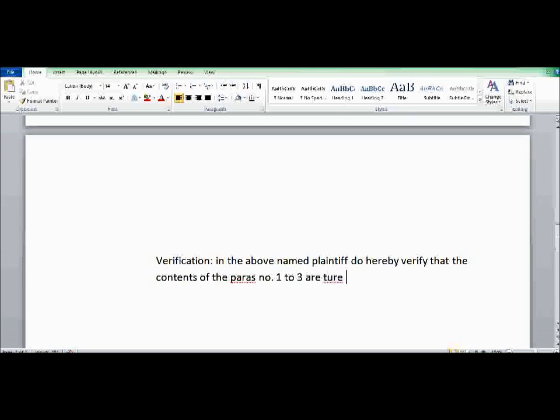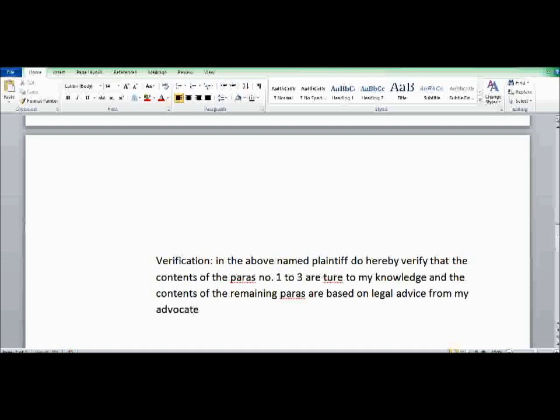are true to my knowledge, and the contents of the remaining paras are based on legal advice from my advocate, which I believe to be true.